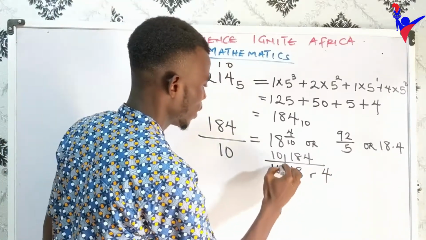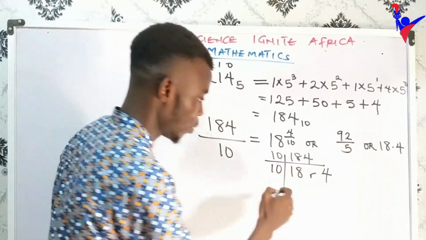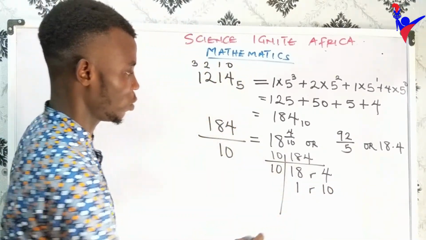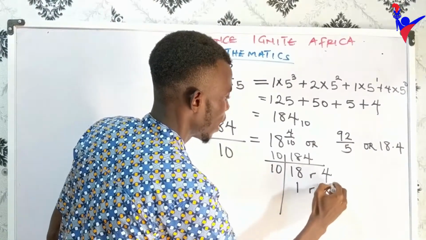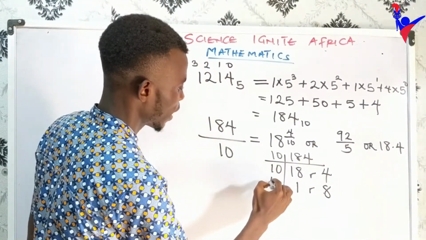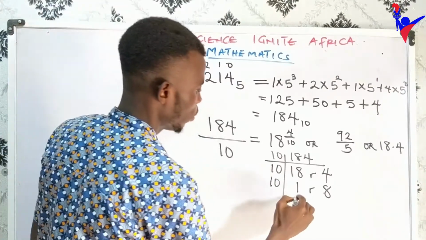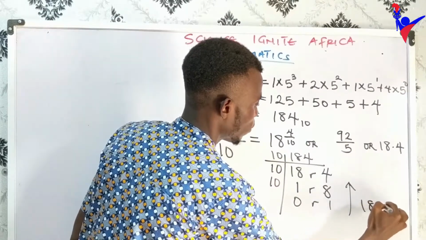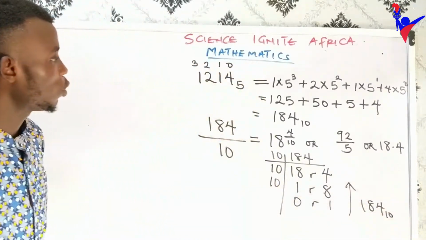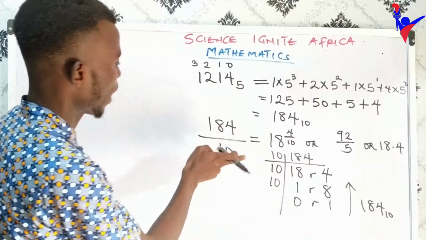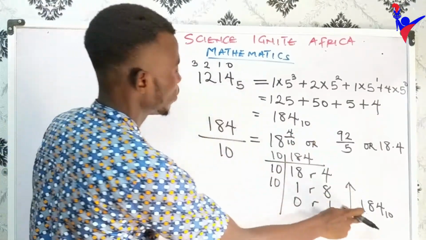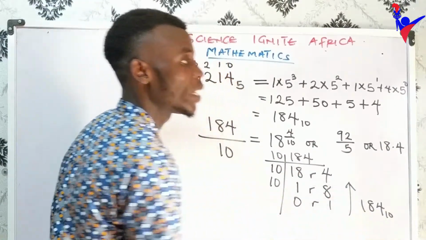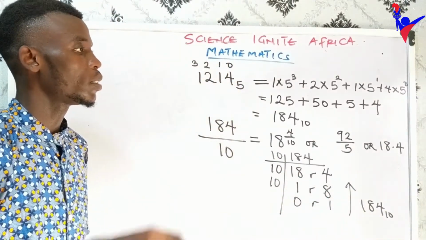Then let's do it again. 10 in 18 is 1 remainder 8, and 10 in 1 is 0 remainder 1. Can you see now? When I convert this back, I'm still having 184 base 10.